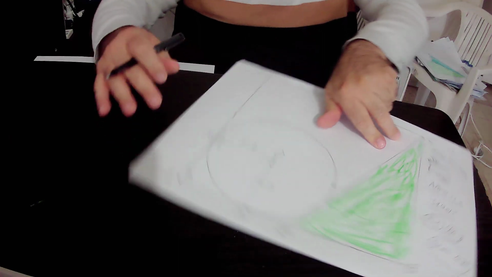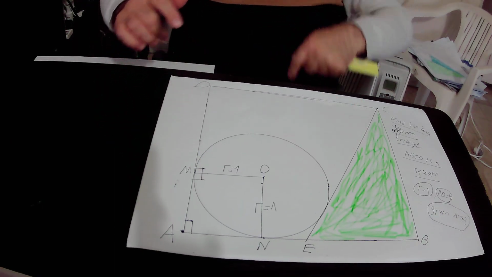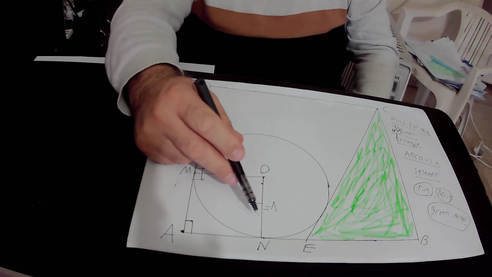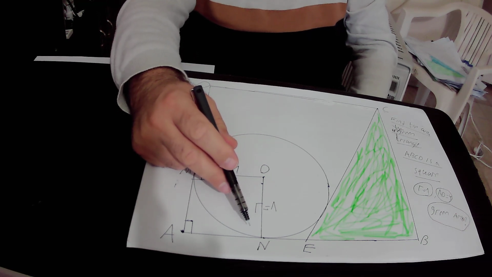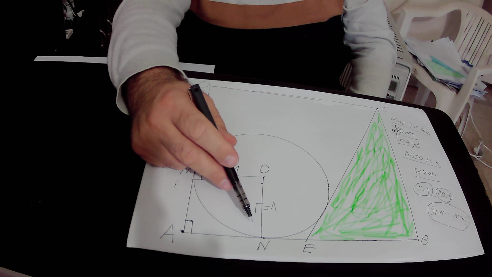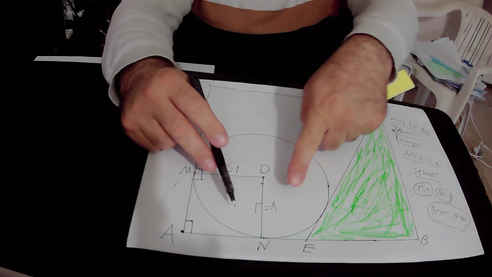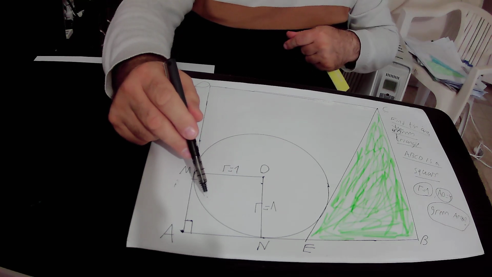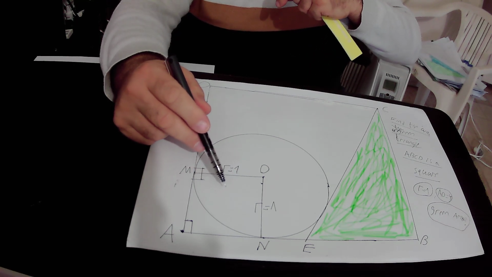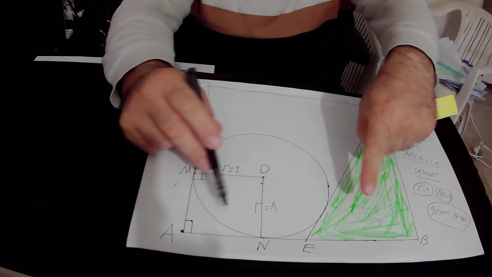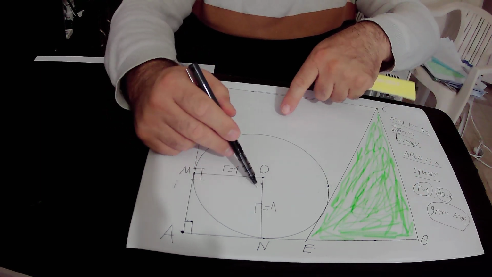And as you can see in the drawing, this radius ON is drawn to the point of tangency. That is to say, it is drawn to point N, that is the point of tangency of tangent AB with this circle. Therefore, according to rule number 1, whenever you have a radius that is drawn to the point of tangency, then the tangent AB will be perpendicular to this radius.